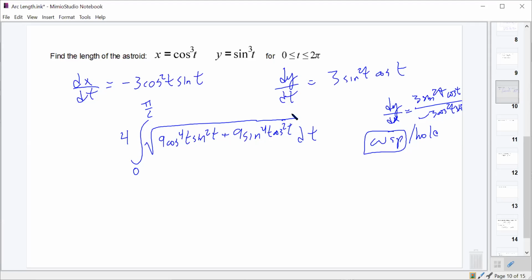Hopefully. What can I take out of this? 9 cosine to the 4th sine squared t plus 9 sine to the 4th t cosine squared t. I can take a 9 out of there, right? And when I take the 9 out of the square root, it becomes a 3. And if I multiply the 3 by the 4, I should have a 12 out here.